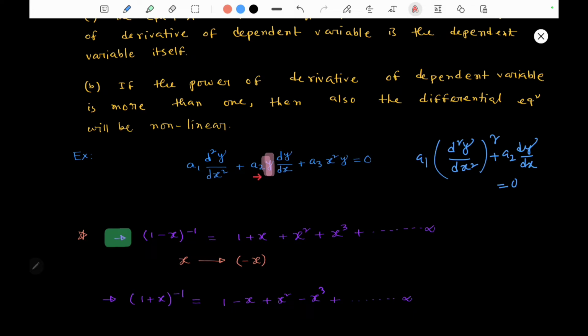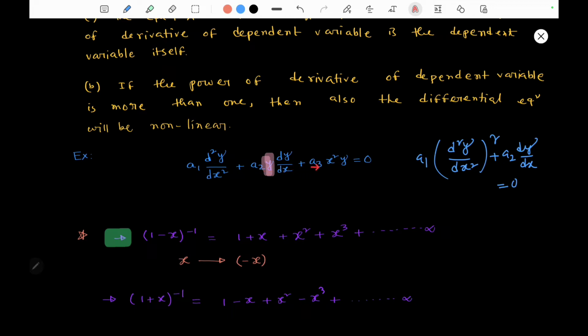On the left hand side, always all the terms will be y terms, like here d2y by dx square. Here the dependent variable is y. Also here the dependent variable is y.